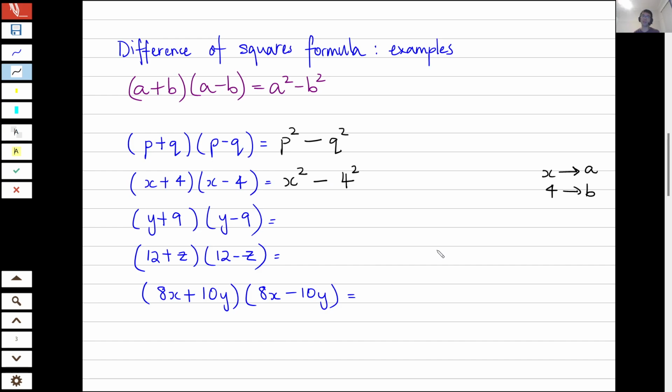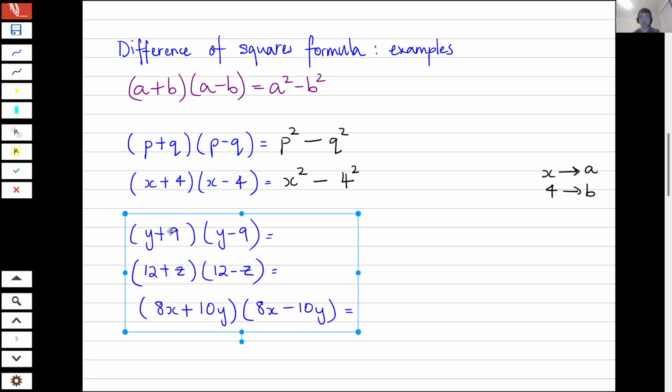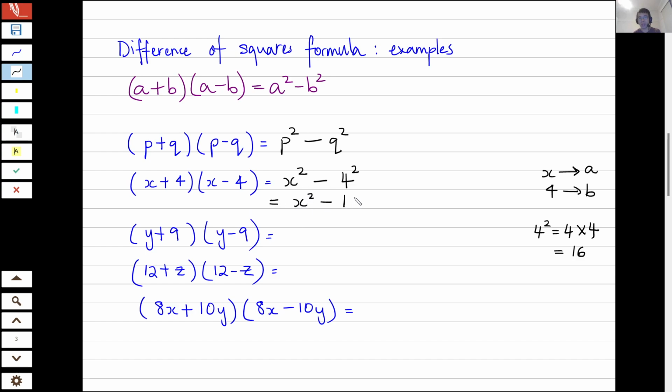And then I take the difference. Now, we can rewrite 4 squared as 16. Remember, when I square a number, that's the same as multiplying the number by itself. 4 times 4 gives me 16. And so, when you're asked to expand brackets, I would like you to write this second step where you evaluate the number squared.